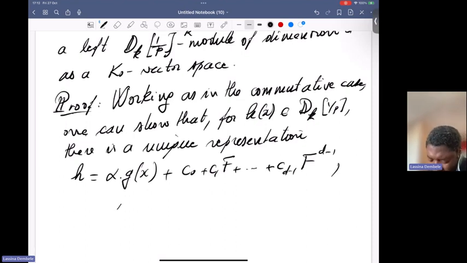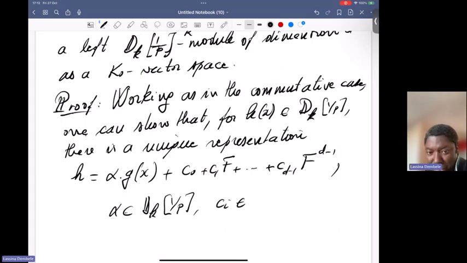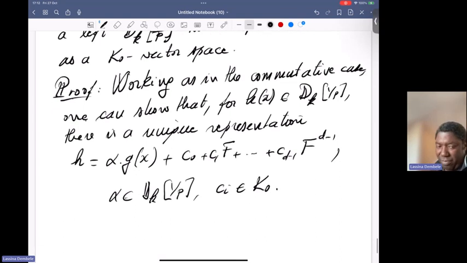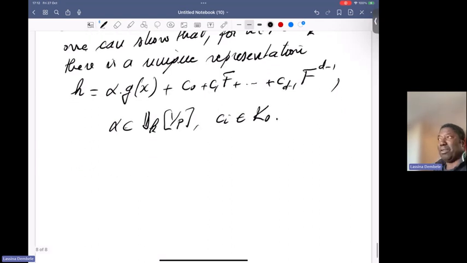And in this case, alpha would be an element in the Dieudonné ring, and the c_i would be elements in the field of fractions of the Witt vectors, the fraction field of the ring of Witt vectors.